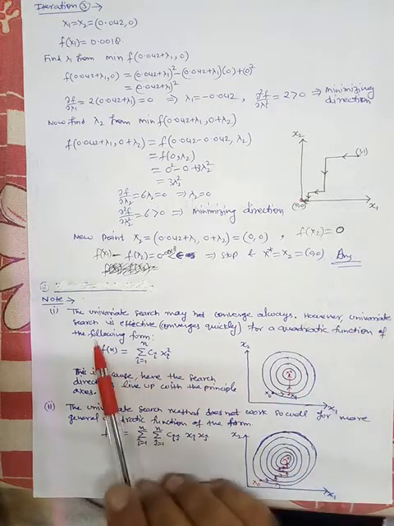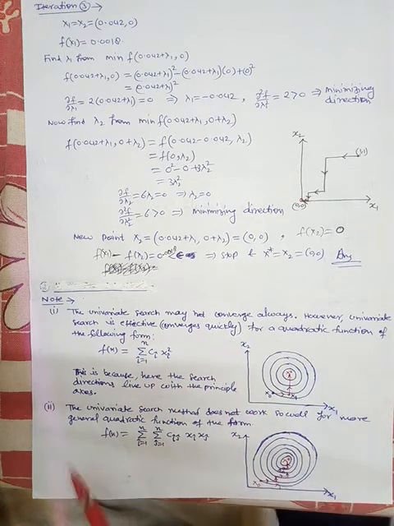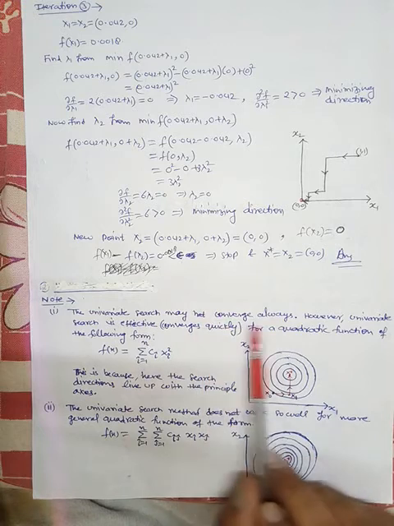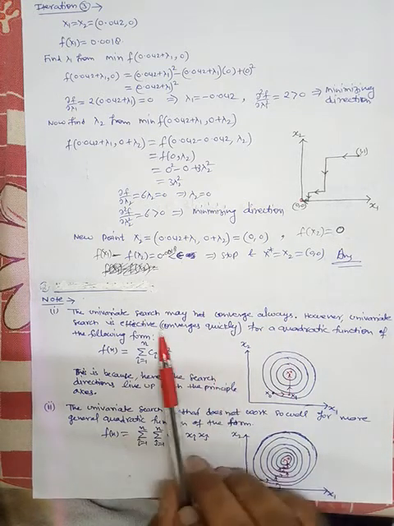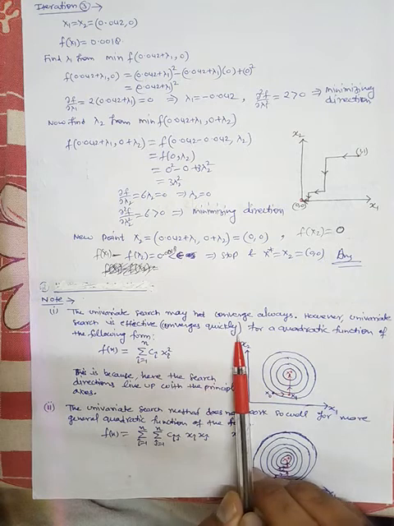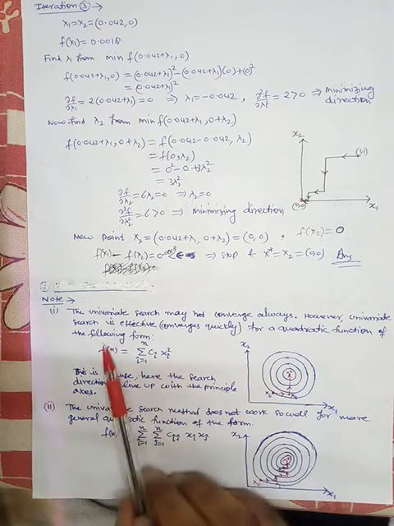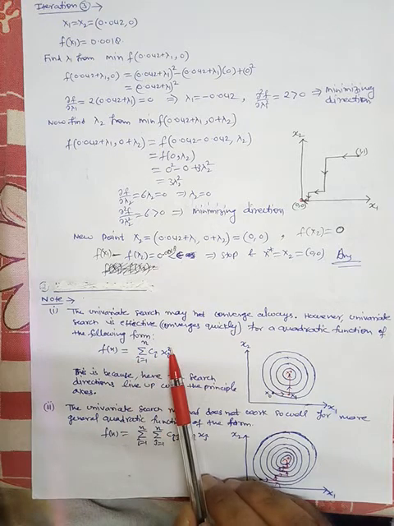However, univariate search is effective and converges quickly if it converges. Okay, so this method may not always converge, but if it converges, then it converges quickly for a quadratic function of the form f of x equals summation of ci xi whole square.